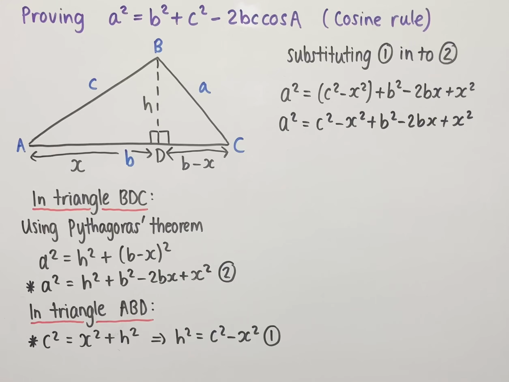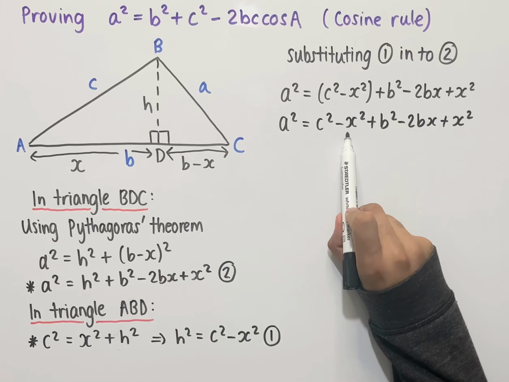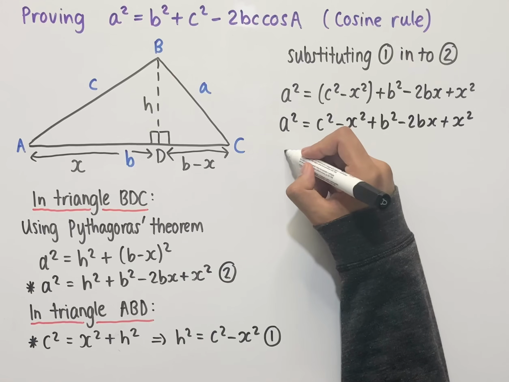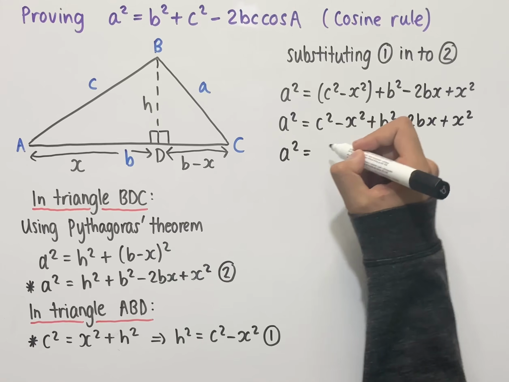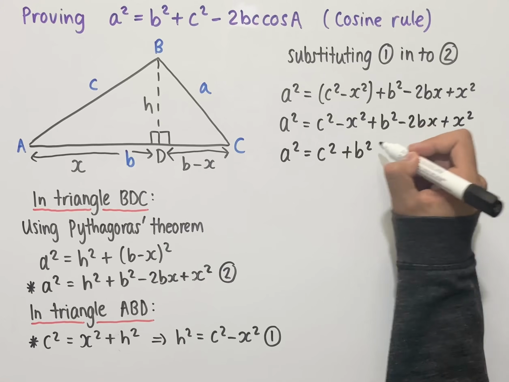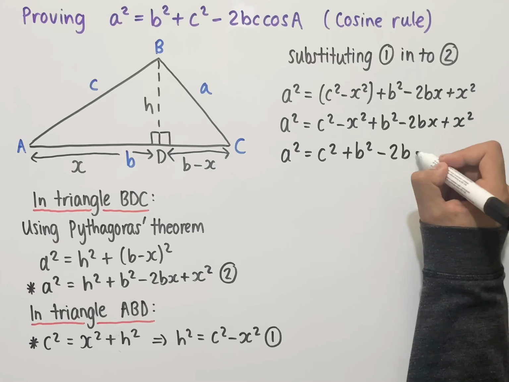And now we see that minus x squared and plus x squared cancel, and so we're left with a squared equals c squared plus b squared minus 2bx.